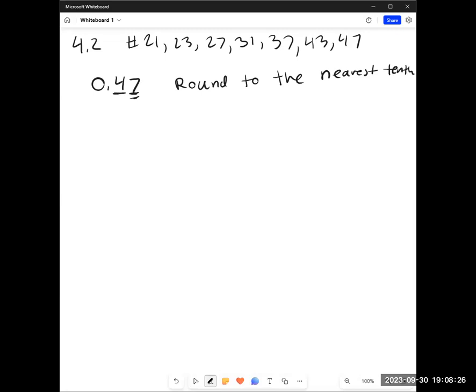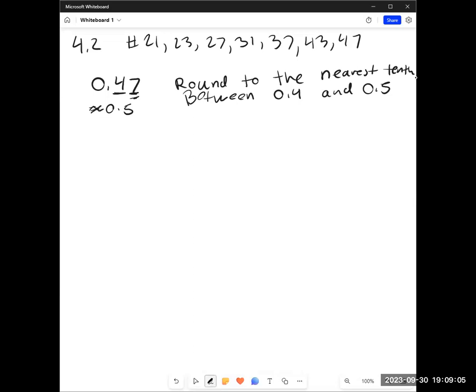You may remember with whole numbers, I gave you the numbers that it was between at the particular desired place value. So this is between 4/10 and 5/10, and we're going to round it to 5/10 because it's closer to 5/10, which is 50 hundredths, than it is to 4/10, which is 40 hundredths.